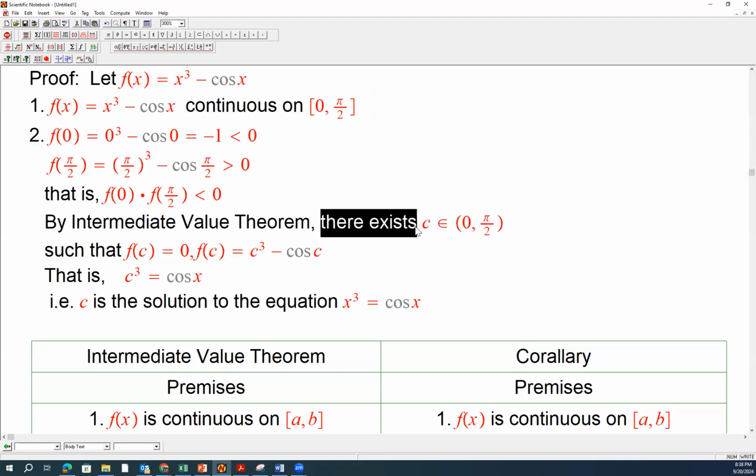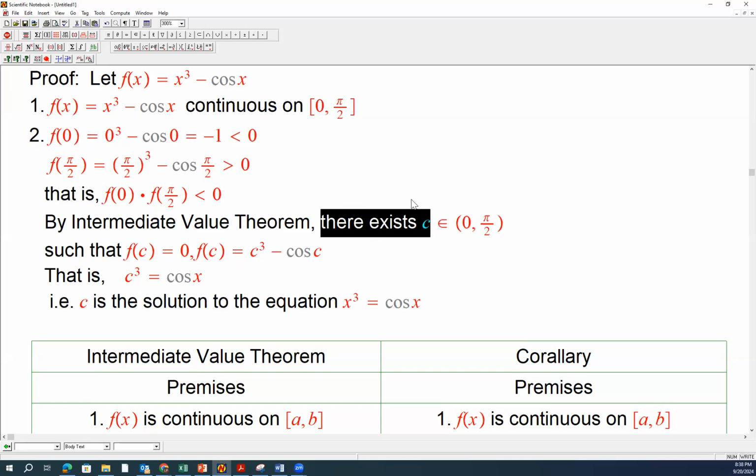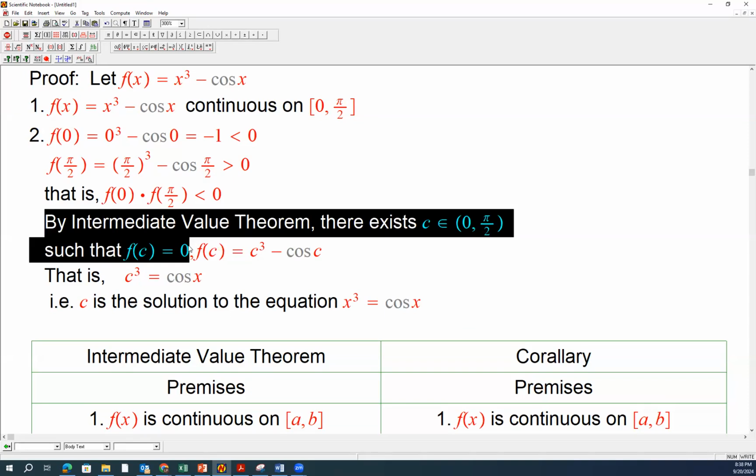And each word, continuous on the closed interval, there exists a c, in this part of the structure, you should not omit any word.